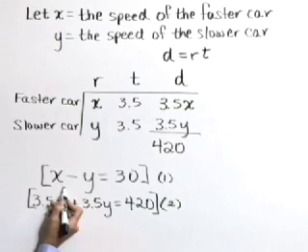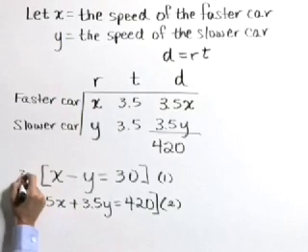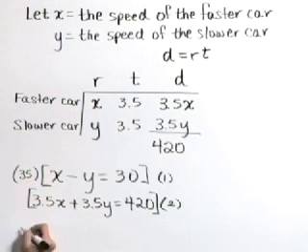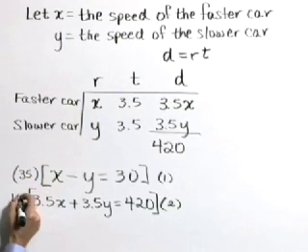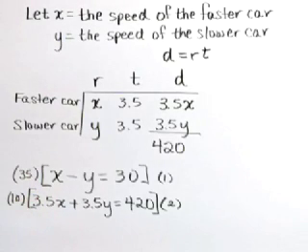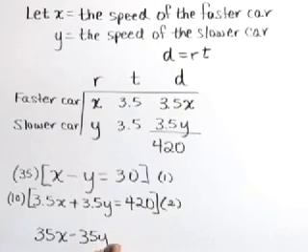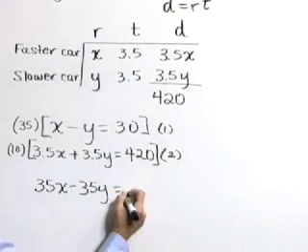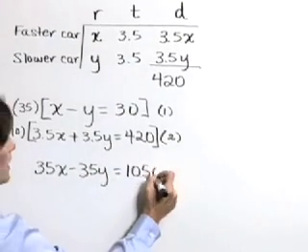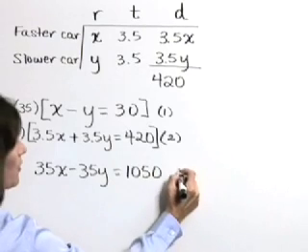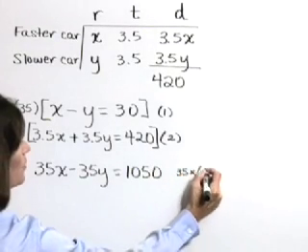So let's multiply equation 1 through by the number 35, equation 2 through by the number 10. Here we go. So equation 1 becomes 35x minus 35y is equal to 1,050. Again, that was 35 times equation 1.